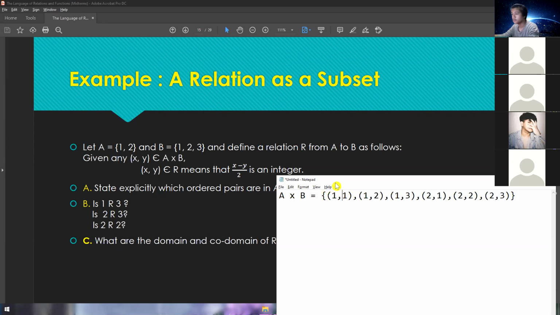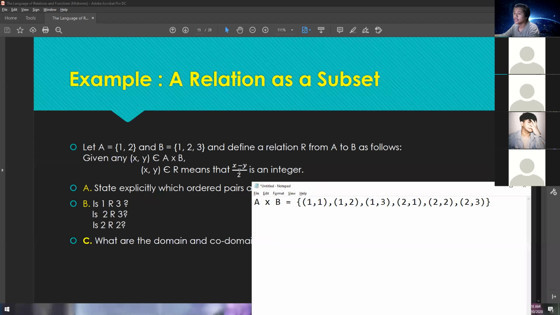Okay? So now, what we will do is substitute these values into our condition, or our equation. So take note, our A is our X or the domain, and then B is our Y or the codomain. So let's start with 1, 1.